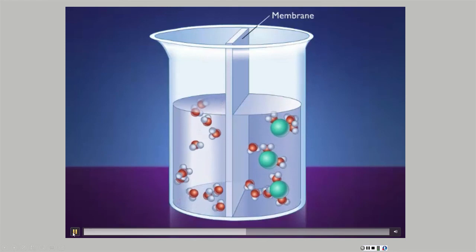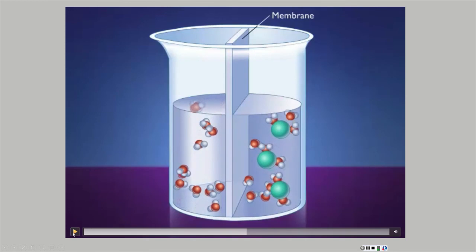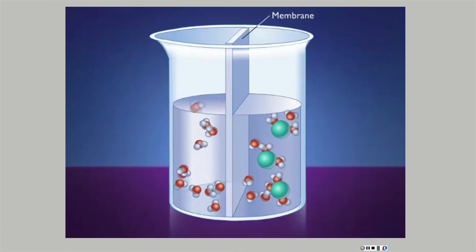And since it's polar, it's pulling the water towards itself. Water is polar. This urea is polar. So it's pulling water towards itself. In addition to that, it's a solute. What did we say? Solutes suck. Solutes pull liquid towards themselves.